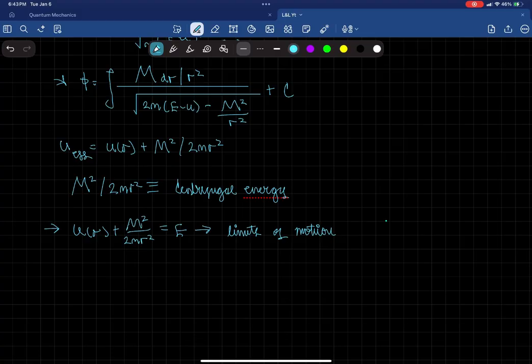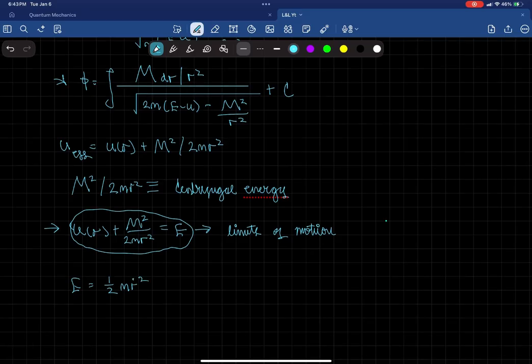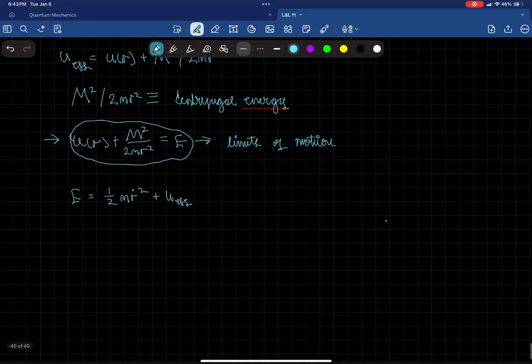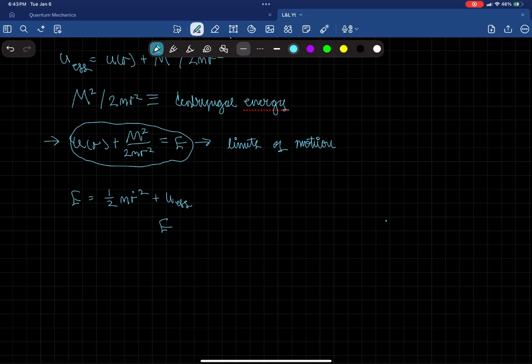This can also be shown: if our total energy, which is 1/2 m r dot squared plus U effective, approaches E, then replacing it, I would get E minus E equals 0 equals 1/2 m r dot squared, which would indicate that r dot is approaching 0.